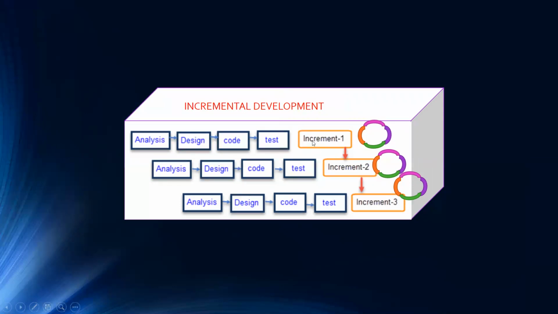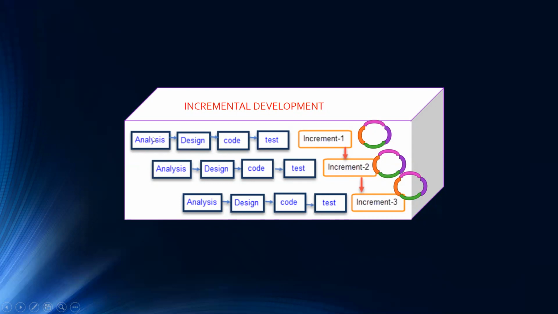For example, you say that from feature 1 to feature 5, I will give in increment 1, from feature 6 to feature 8, I will give in increment 2, and from feature 8 onward, I will give in increment 3. And in every increment, analysis, design, code, and test are the common activities.